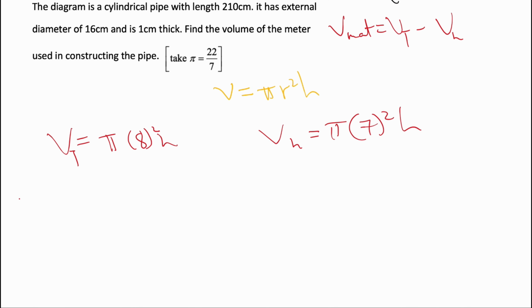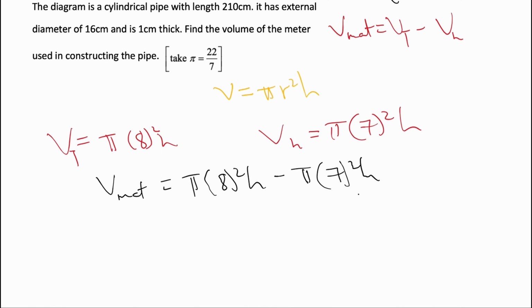So then we can say that the volume of the material, V material, will be equal to our V total, which is pi 8 squared h, minus pi 7 squared h. Now V mat can also be written as pi h multiplying 8 squared minus 7 squared.